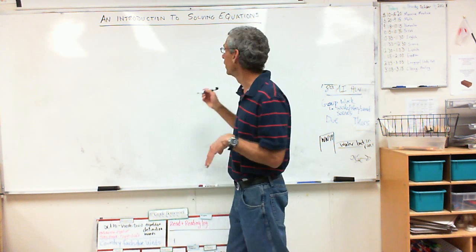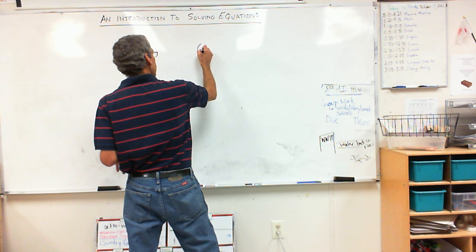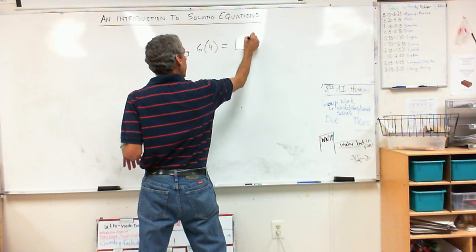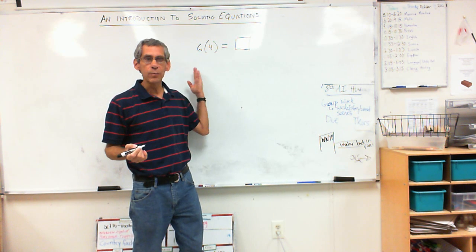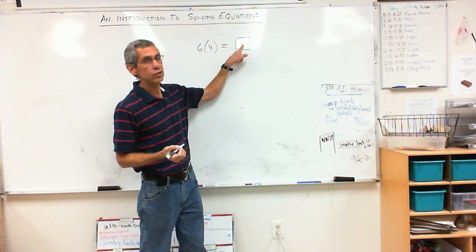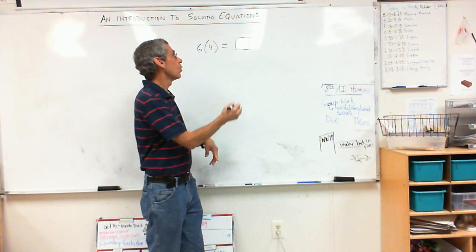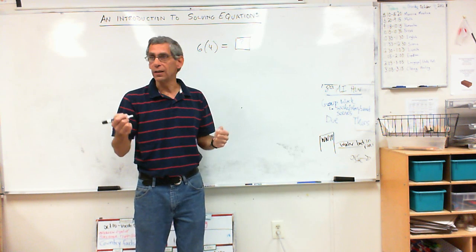In third grade, instead of using X's and Y's, you did 6 times 4 equals, and they put a little box there. Well, that's algebra, and that is basically setting up an equation. That's your variable. In algebra, instead of using a box or a question mark, we're using X or Y or Z.